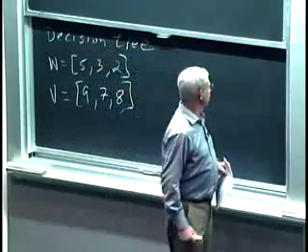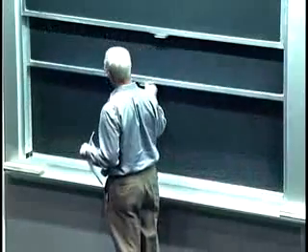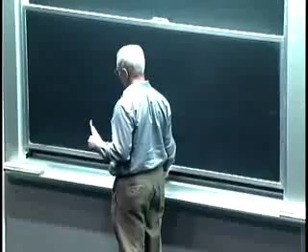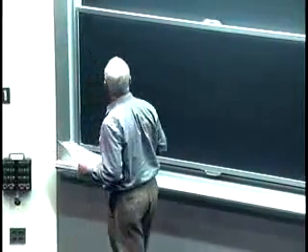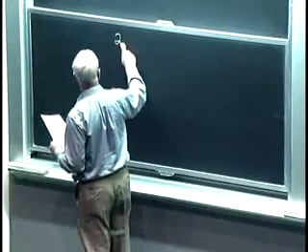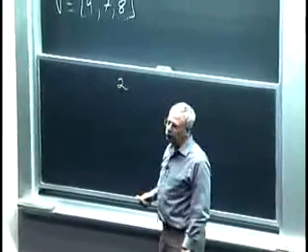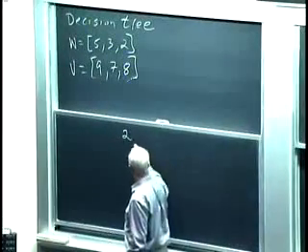And then the way we drew the tree was we started at the top and said, all right, we're going to first look at item number 2, which was the third item in our list of items, of course.